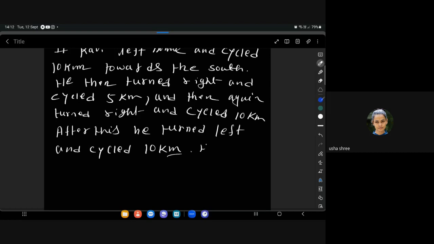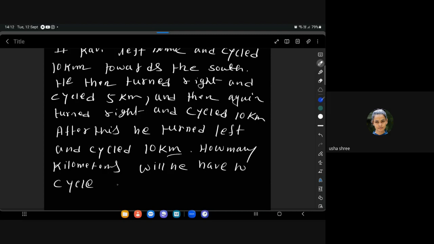How many kilometers will he have to cycle to reach his home straight? To reach his home straight. 15 kilometers. Okay, any other answer?